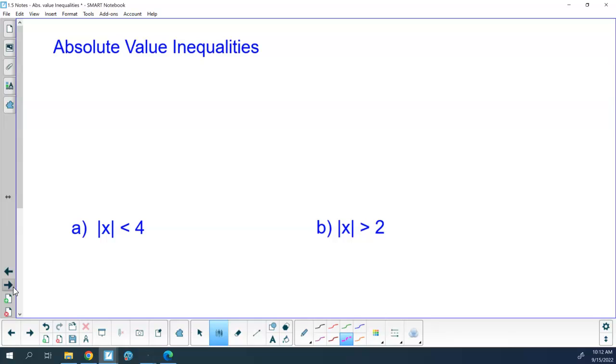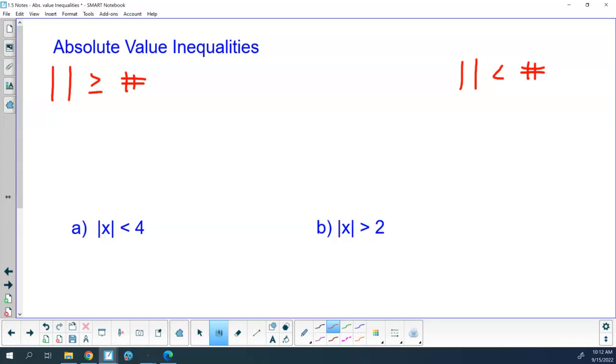First off, you're going to have an absolute value is greater than or equal to some number as one possibility, or you're going to have an absolute value is less than or equal to some number as your other possibility.